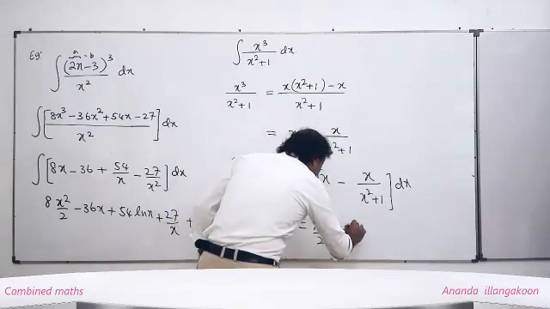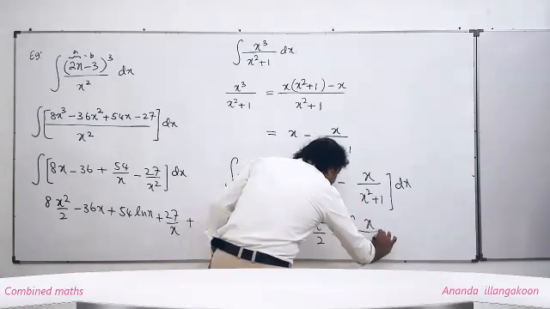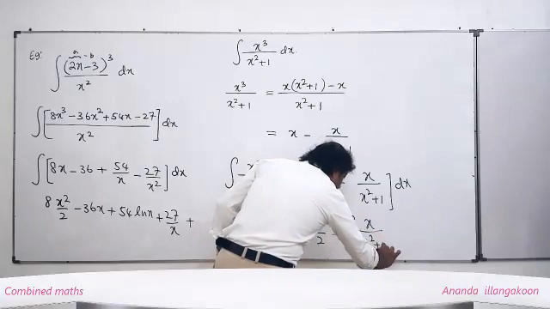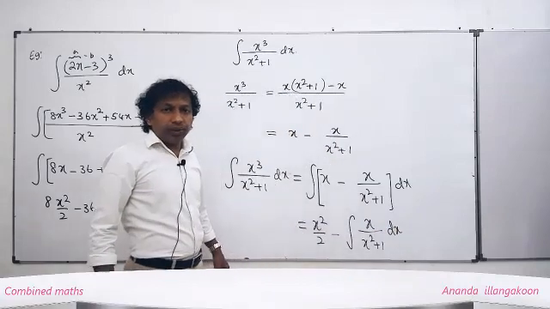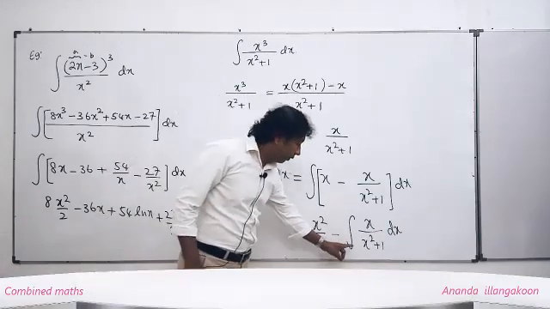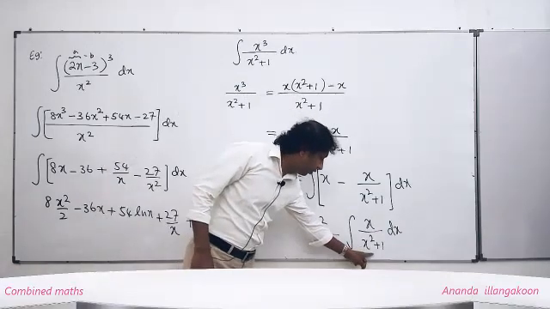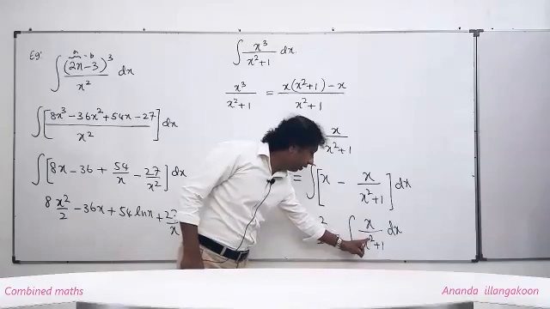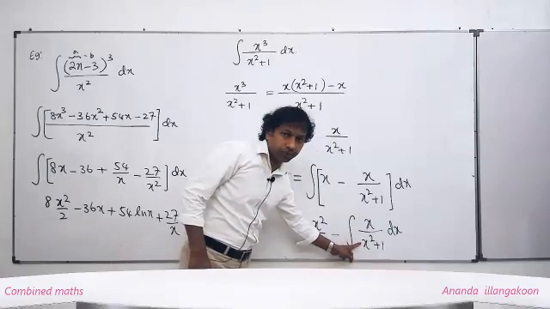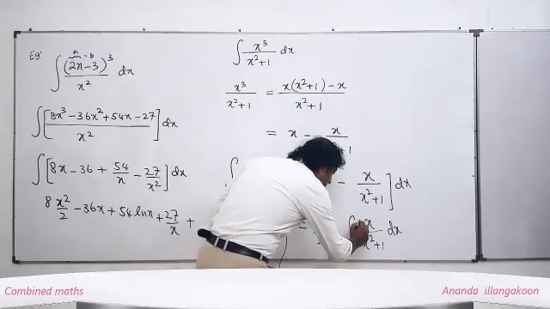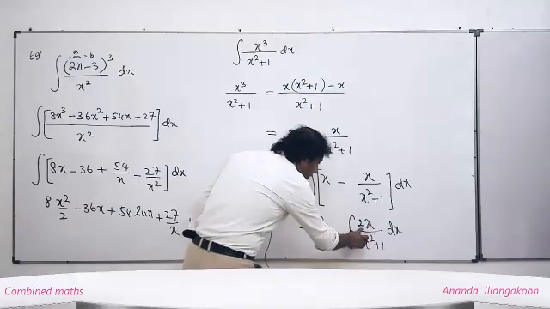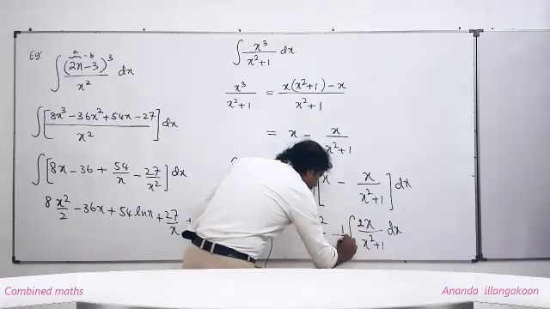This one I have to integrate. I write it like this for a while. Then, when you differentiate this denominator, we get 2x. X squared derivative is 2x, no? 2x plus 0. Then I multiply here 2. To cancel down this 2, I divide this by 2 like this.